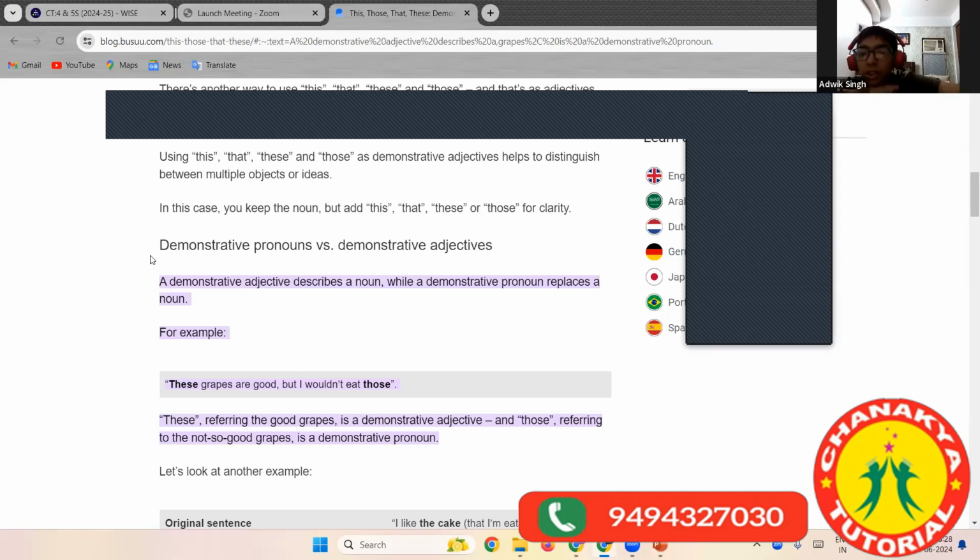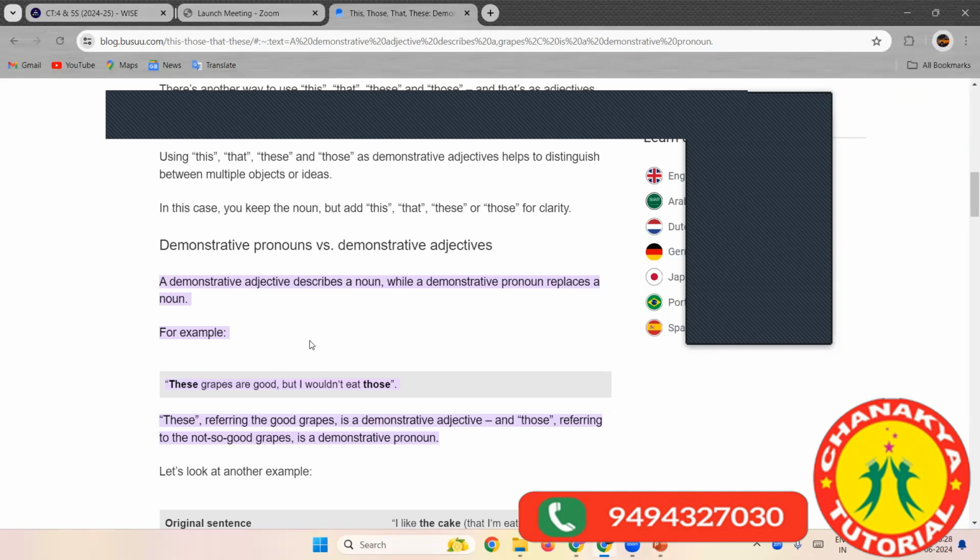Ma'am, I didn't get what demonstrative adjective is. See, I'm telling you, we didn't go for the demonstrative adjective till now. I'm just asking you, are you able to guess it? This sentence is very clear, no? Demonstrative adjective is going to describe a noun, as you said, and demonstrative pronoun is going to replace the noun.